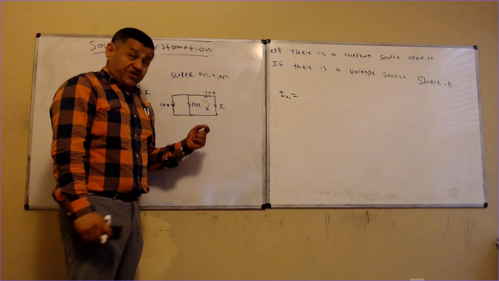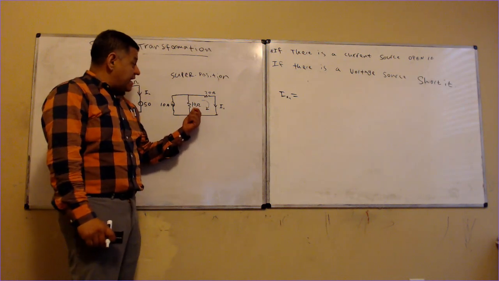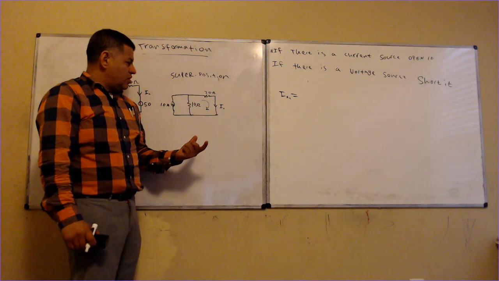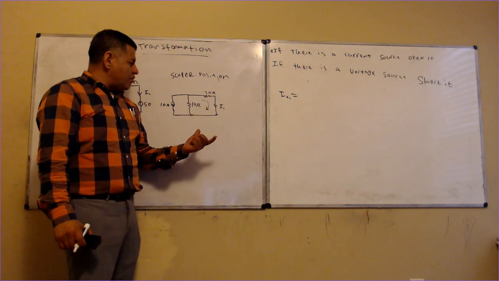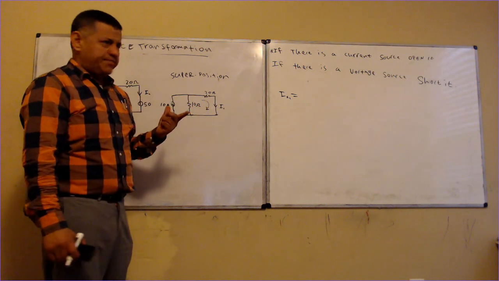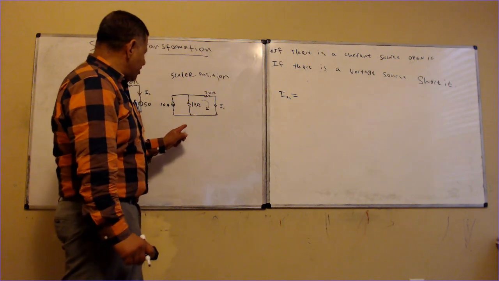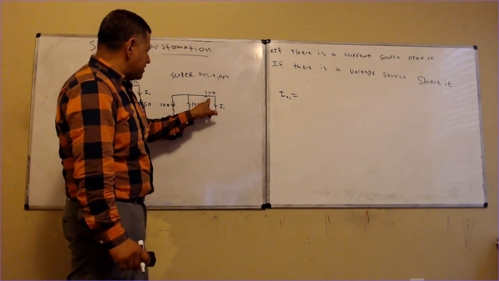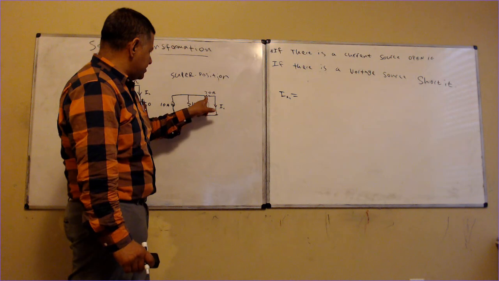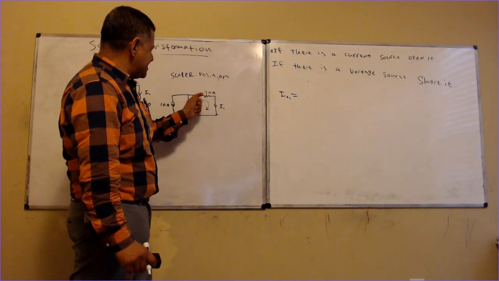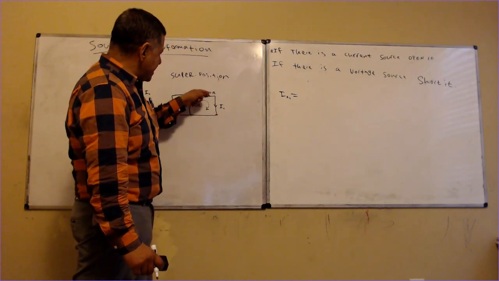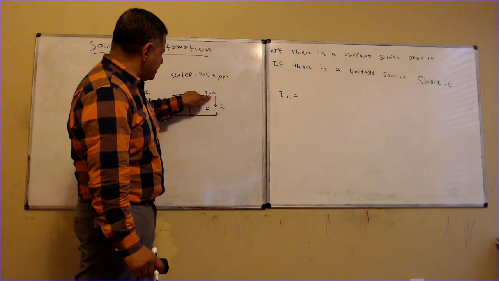What is the rule for current divider? Whatever I care about goes on the bottom, whatever I don't care about goes on the top. What do I care about? The current going in this branch, because it is the closest one, the current exiting this side of the node.